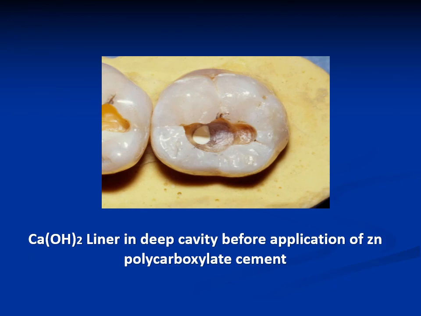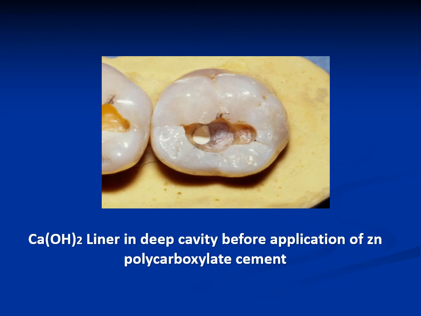And this is a slide showing a deep cavity in which we put a liner of calcium hydroxide over the deep part of the cavity. But we have to put the liner only over the deepest part of the cavity, leaving the rest of the floor without calcium hydroxide.